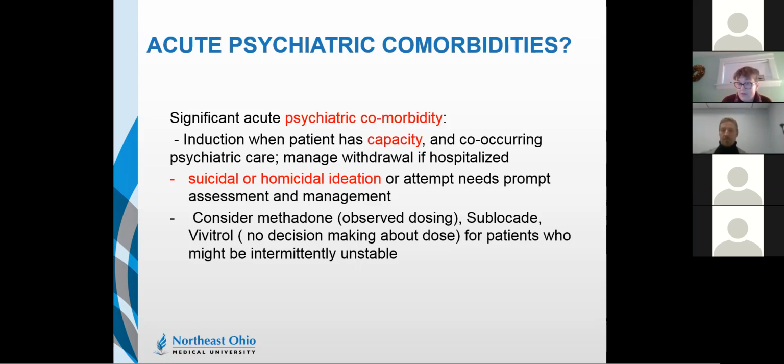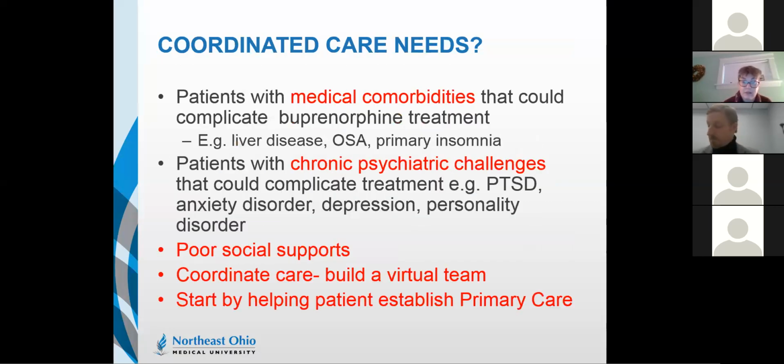We might consider methadone, where there's more support and observed dosing, Sublocade, where a person doesn't have to decide to take their medication every day, or Vivitrol, which again involves no decision making about whether to take a dose or not, for those patients who might intermittently be unstable or not predictably be able to dose themselves.